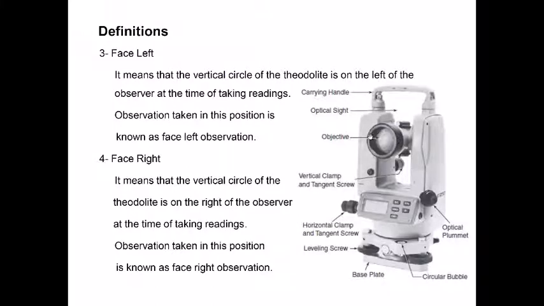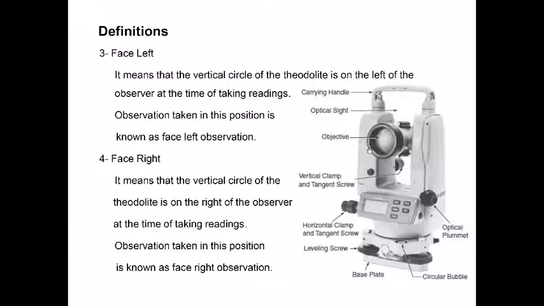That could be on either side of the theodolite in different models. Usually we have a reference mark that tells you that this is the side of the vertical circle, or the vertical circle is on this side, or it could be on the other side of the theodolite.